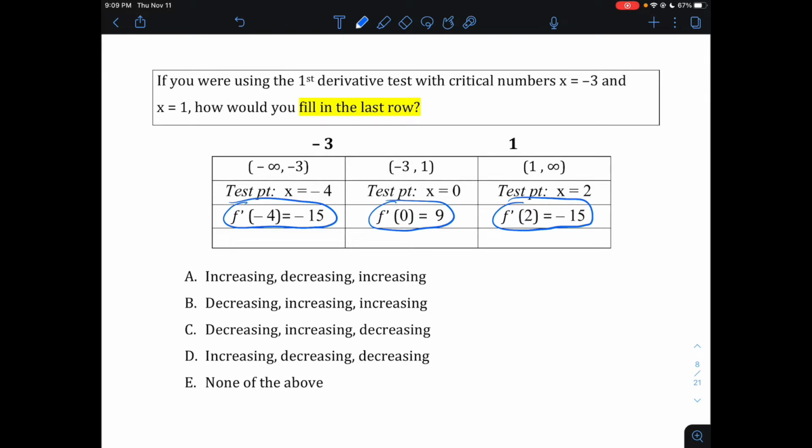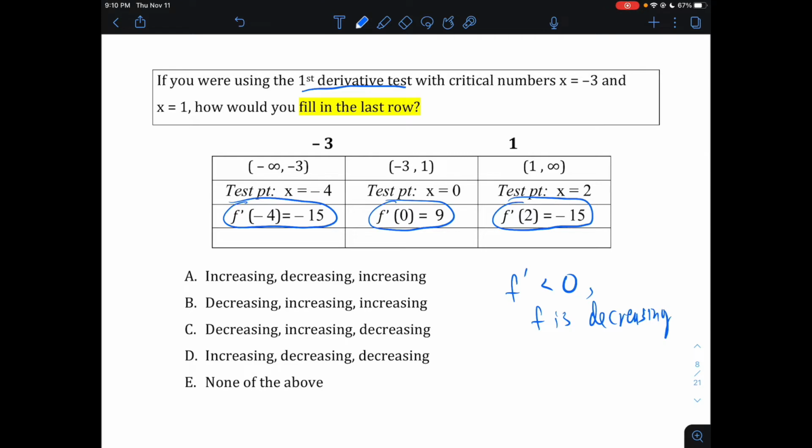Here we're just using some words, increasing or decreasing. One thing we want to notice is how this relates to the first derivative test. If your first derivative is negative, then that tells you that your function f is decreasing.